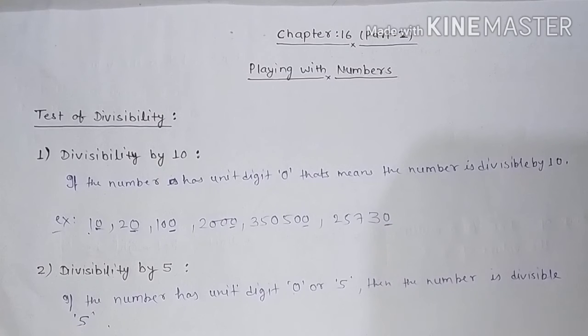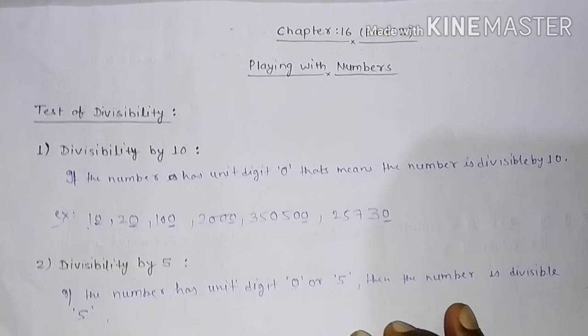Let's take another example, 135250. This number is also divisible by 5 because its unit digit is 0. 0 or 5 must be the unit digit. That means the number is divisible by 5. Very simple.